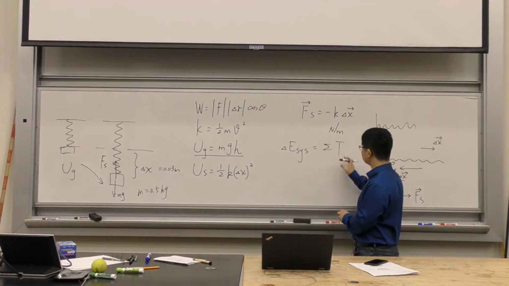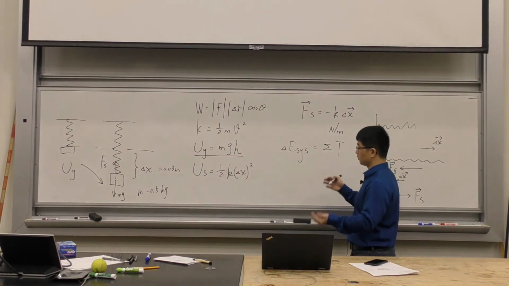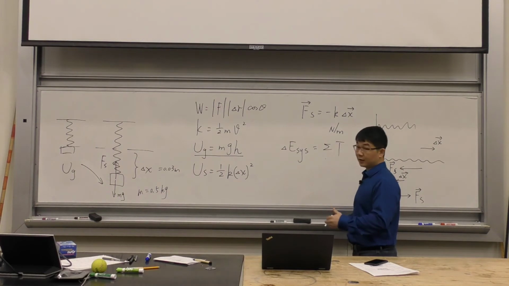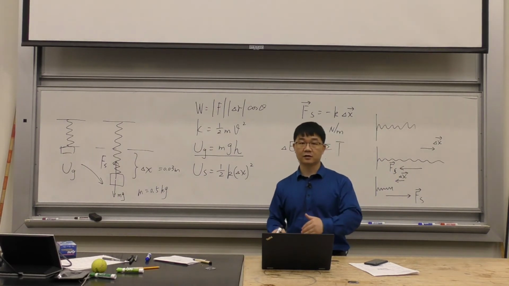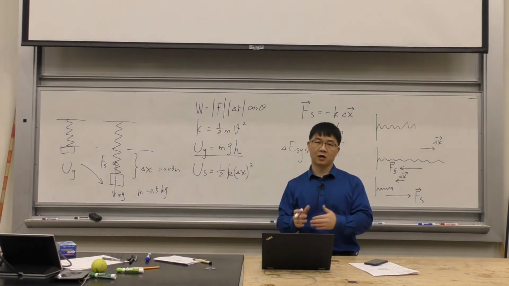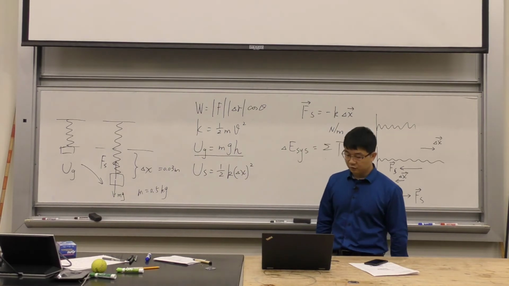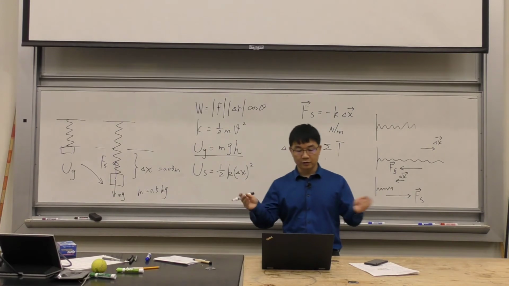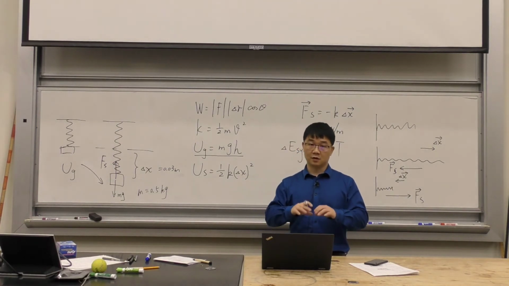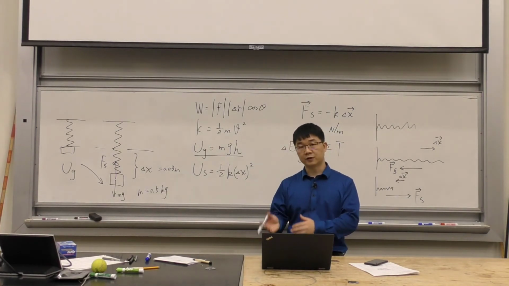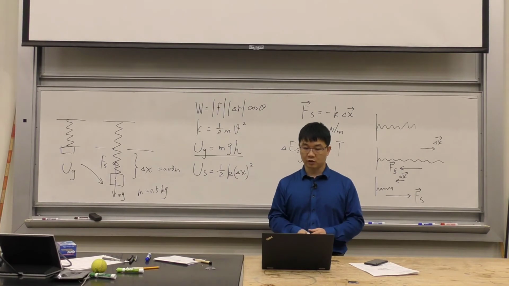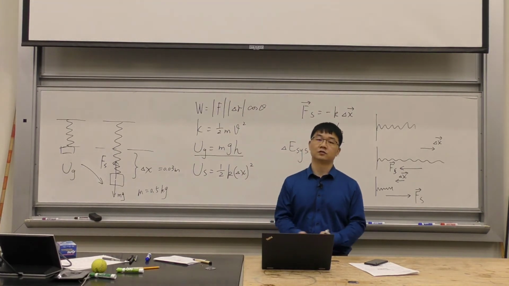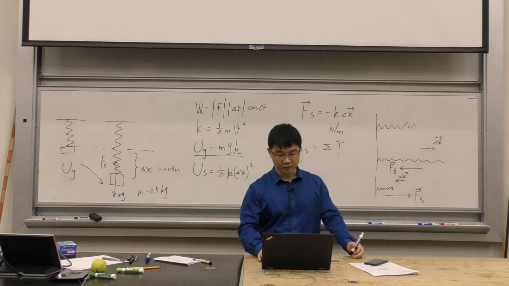So I use this T to represent any energy transferred into or out of the system. And I can use signs like positive and negative to distinguish into and out of. All right. So of course, if this T is 0, if there's no energy transfer between the system and the environment, the total energy of the system will remain constant. So that's conservation of energy.